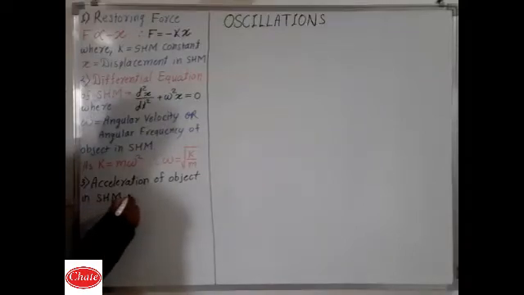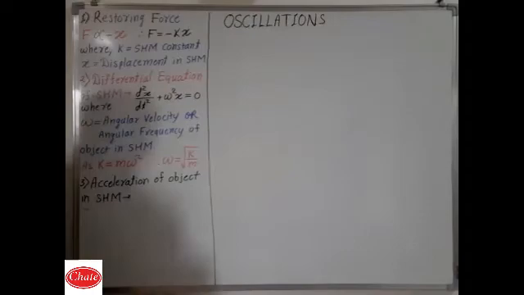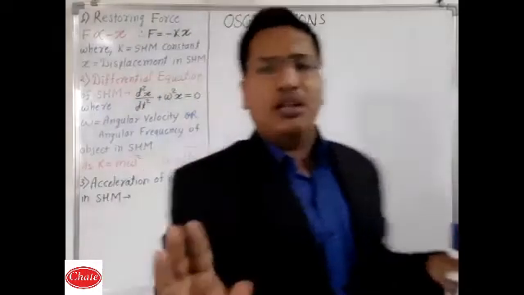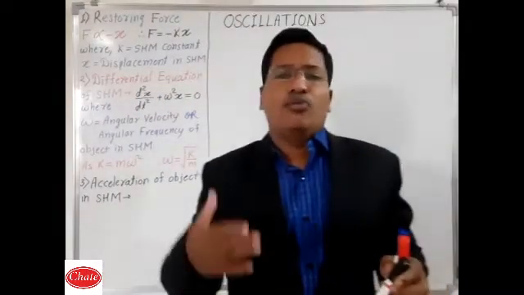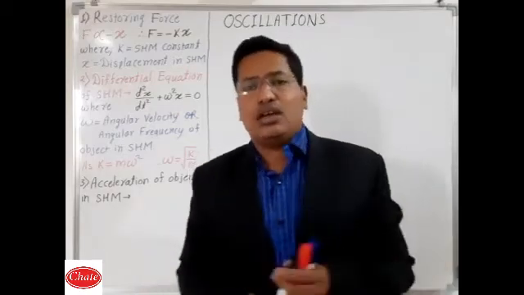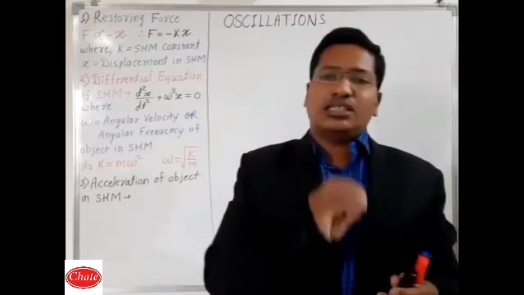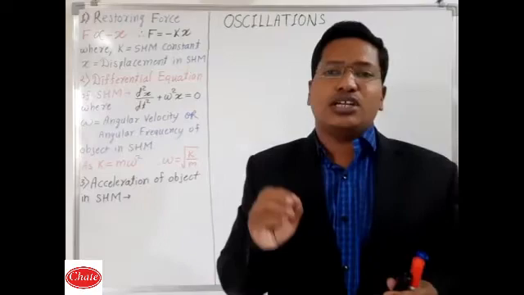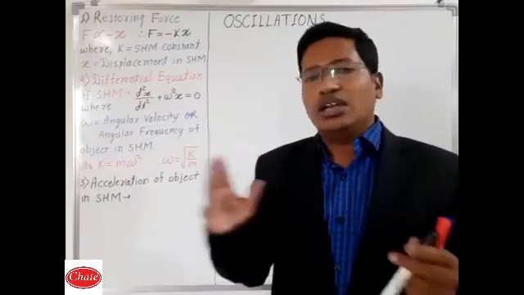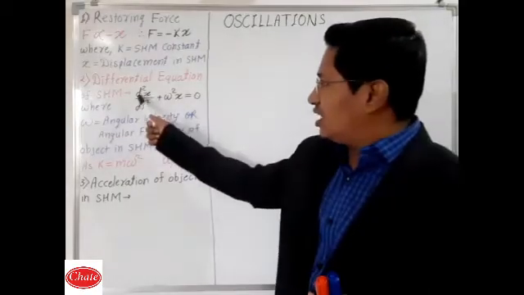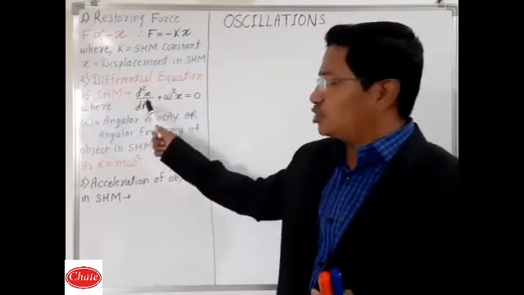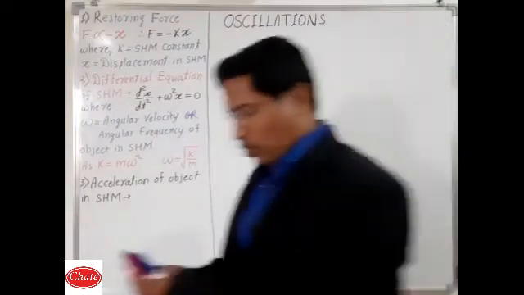Okay, the definition of acceleration is simple. The rate of change of velocity is called acceleration. But how does linear acceleration come? The rate of change of linear velocity is called linear acceleration. Now this d square x by dt square is the rate of change of velocity.